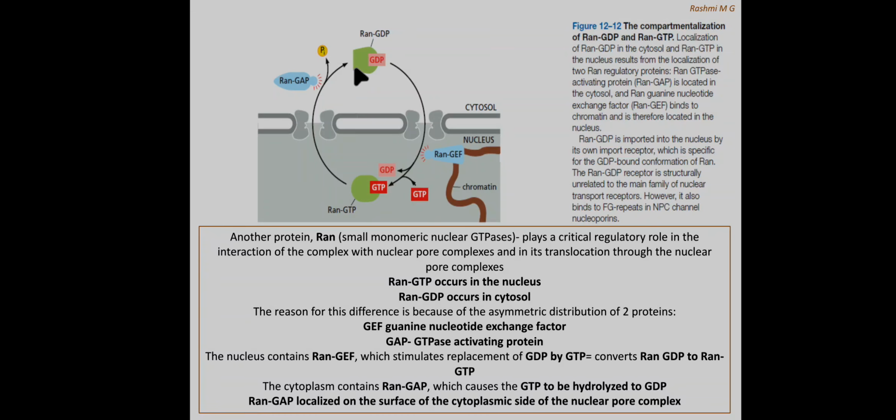The cytoplasm contains RAN GAP, which causes the GTP to be hydrolyzed to GDP. So RAN GAP is localized on the surface of the cytoplasmic side, which is responsible for hydrolysis of GTP into GDP. So this is the cycle and compartmentalization of RAN GDP and GTP, which regulates the process of protein import.